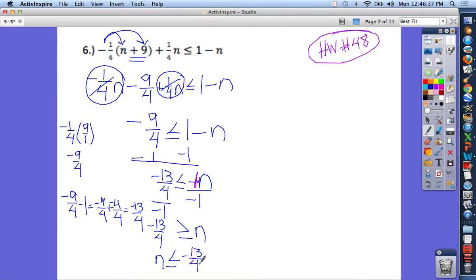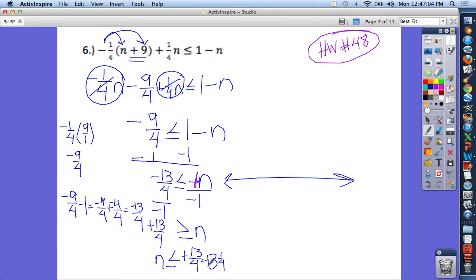If you would put that on your number line, well, what is negative 13 over 4? Well, let's think about it. How many times does 4 go into 13? It would just be negative 3 and 1/4, or negative 3.25. So on my number line, I'm going to go ahead, and a negative divided by a negative is positive 13/4.